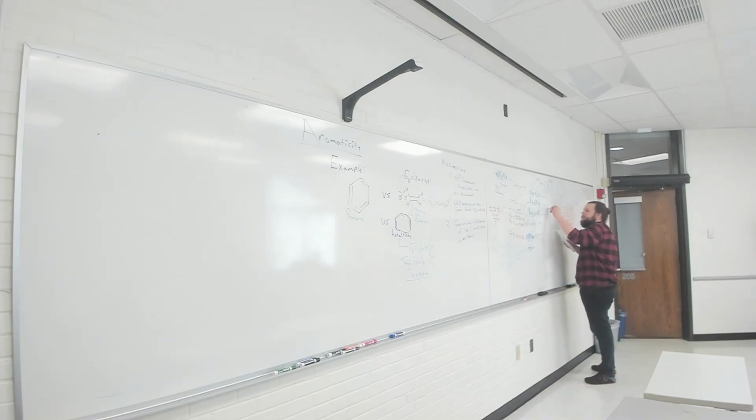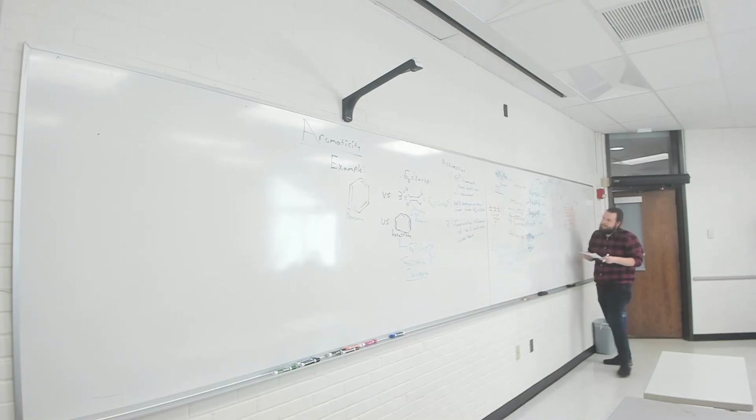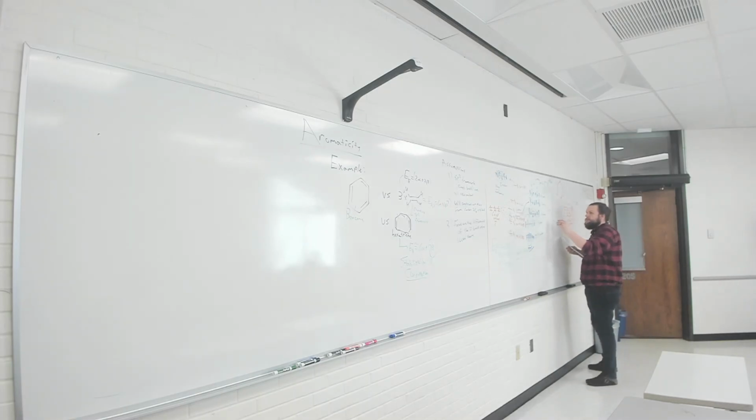Psi 2 is 1, 2, 1, minus 1, minus 2, minus 1. Like that. Psi 3, interestingly, has a different structure.